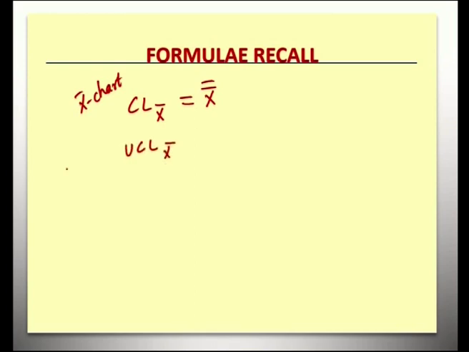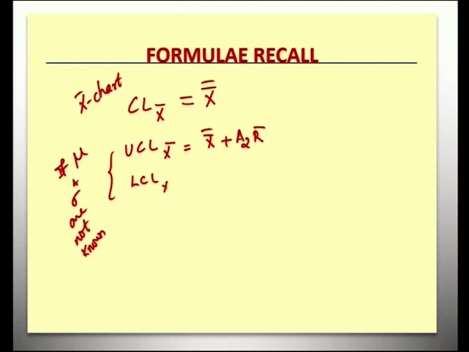If mu and sigma are not known, using range, UCL of x bar is x bar bar plus a2 into r bar, and LCL of x bar is equal to x bar bar minus a2 into r bar.